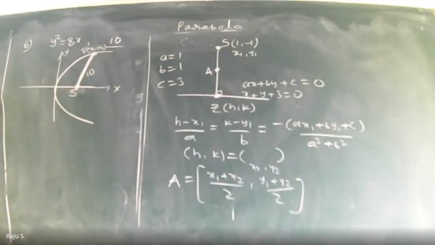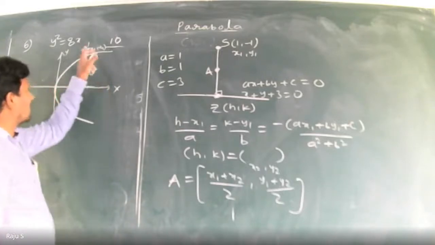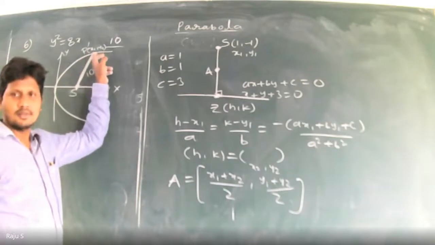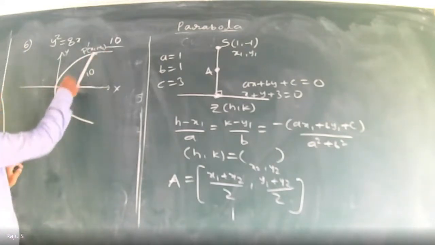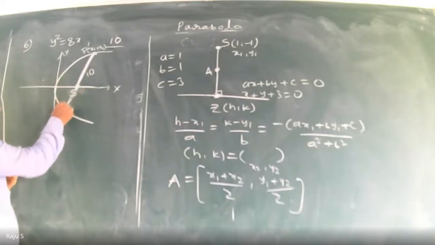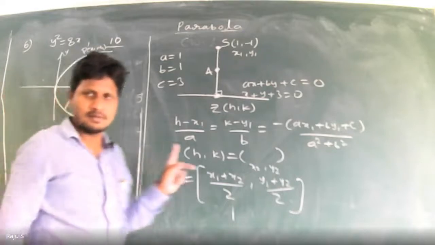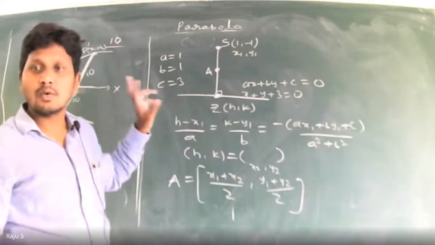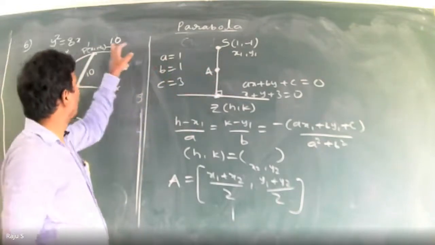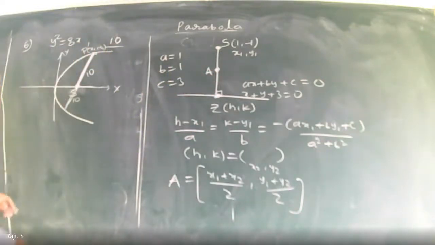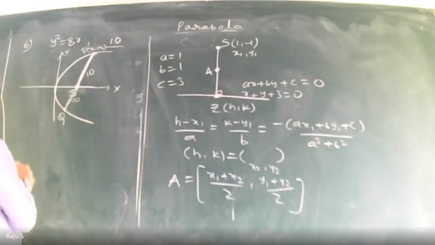When the focal distance is given, what are the coordinates? What are the x1 and y1 values of y square is equal to 8x? What is the p value, what is the q value? That's it. A simple question.